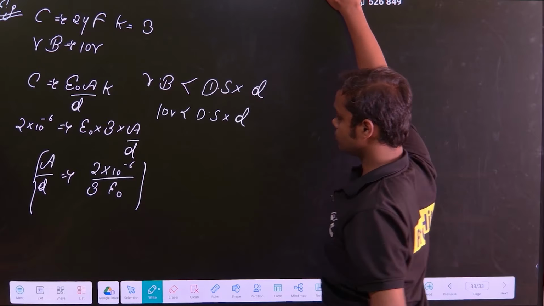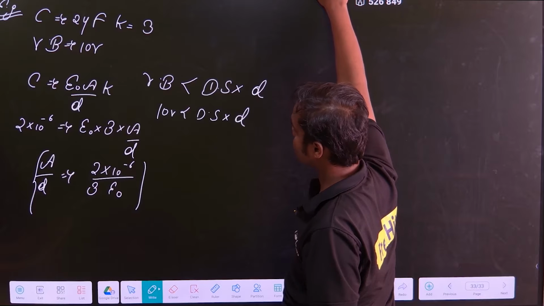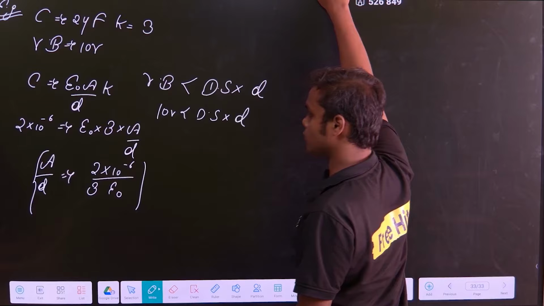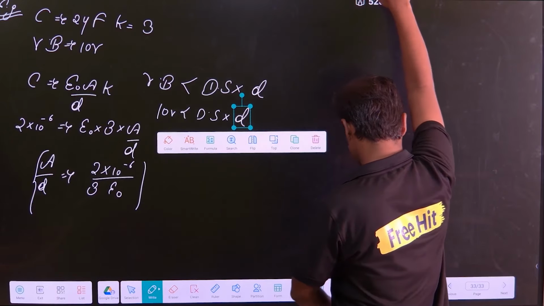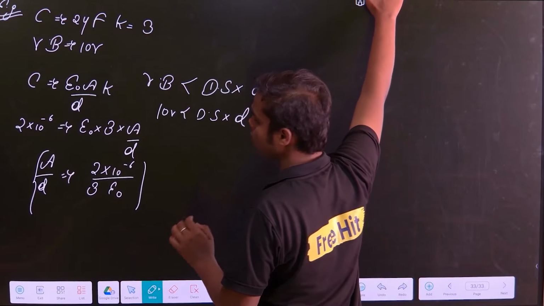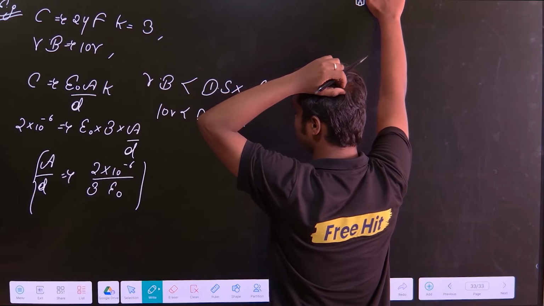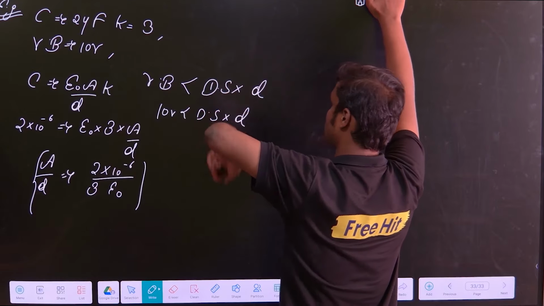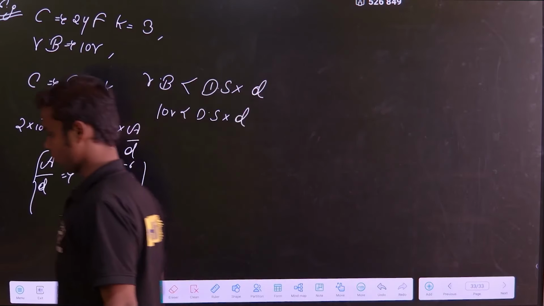Now, dielectric strength is not given. Okay, no problem. We know that 10 volt. Now only one thing: if we can fix this D value, suppose they have given it, no issue, we don't need dielectric strength because we can calculate it, I think.